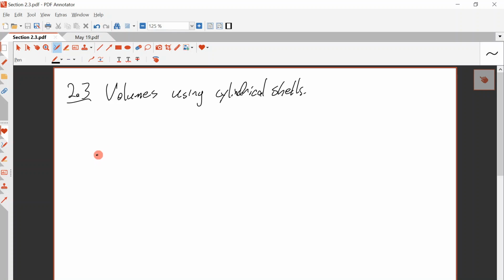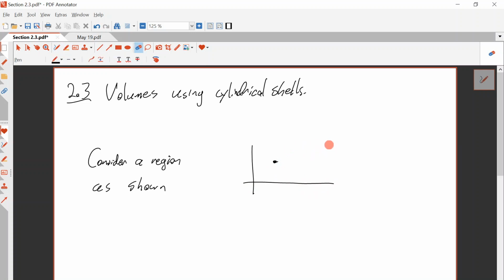So consider a region as shown. You've got a function f(x) on the top, and g(x) on the bottom, and you've got this region here.